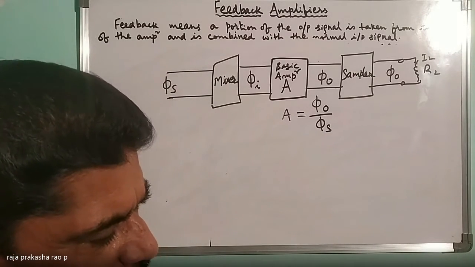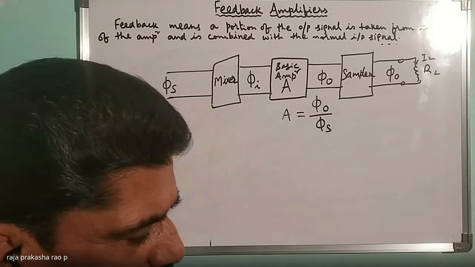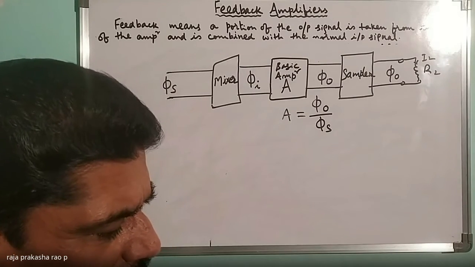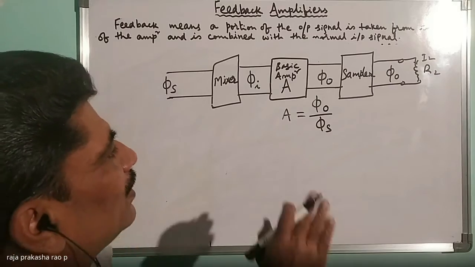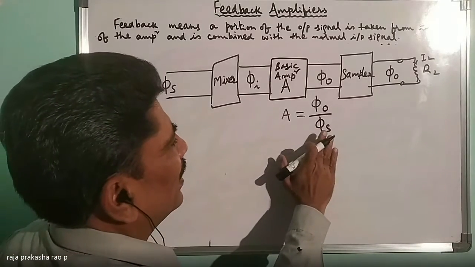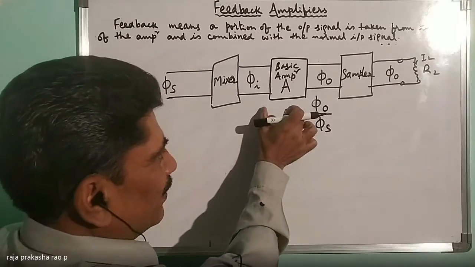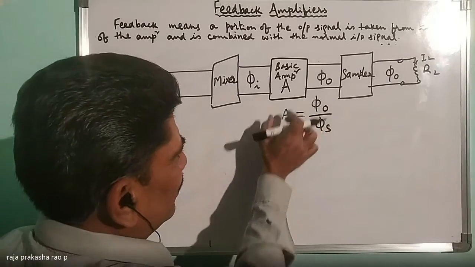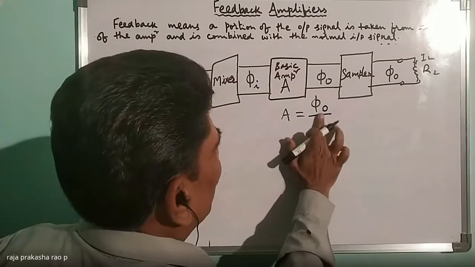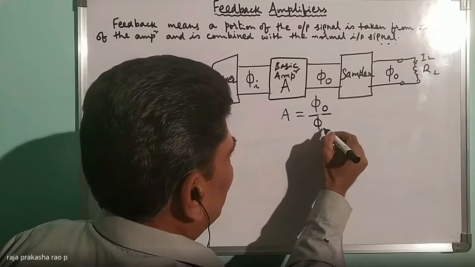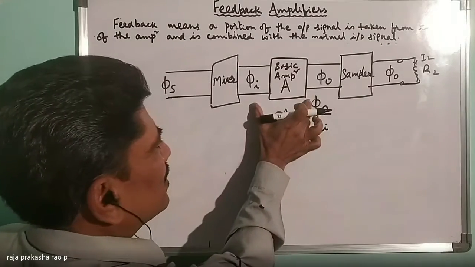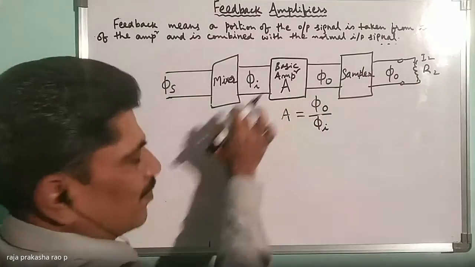A is equal to output by input. You understood that, right? A is equal to φ0 by φS when there is no feedback at all. Even if the feedback is there, A will be equal to φ0 by φi.